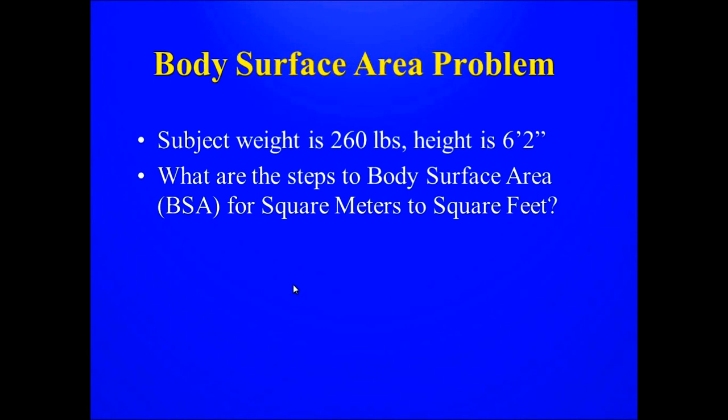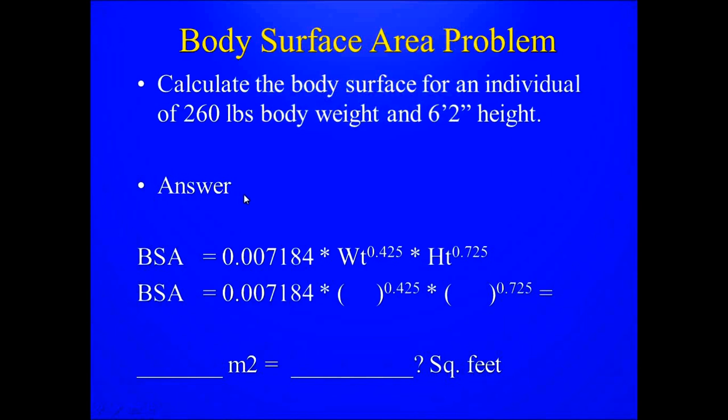Body surface area is another one. If you're looking at a large subject, 260 pounds, 6'2", what are the steps to calculate body surface area from square meters to square feet? This information is provided here to calculate this, and the answer is that this is a constant right here. Here's your weight, so the 260 can fit in there.